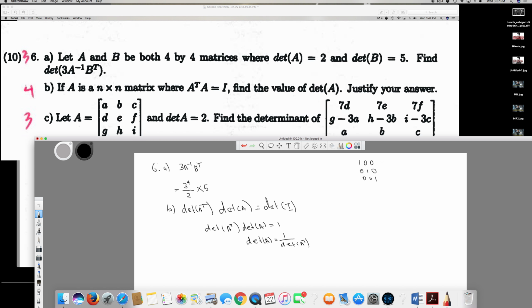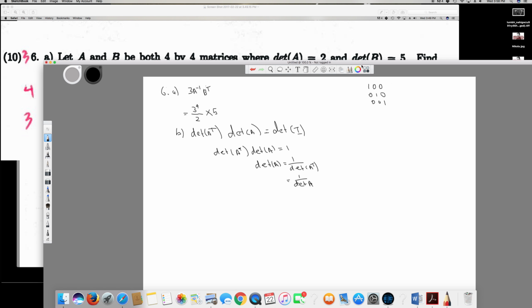And as we did in the first question, the determinant of the transpose of A is the same as determinant A. Therefore we can say this is 1 over determinant A. You don't even have to bring it to the other side, because I can bring this back and say determinant A squared is equal to 1.